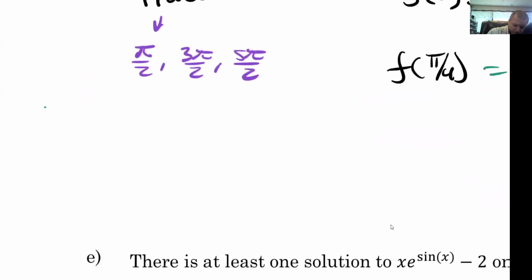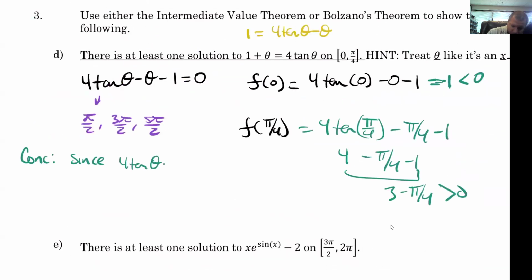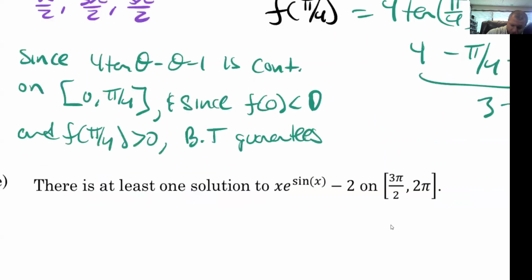So then our conclusion would be something like: since 4 tangent of theta minus theta minus 1 is continuous on this interval 0 to pi over 4, that closed interval, and since f of 0 was less than 0 and f of pi over 4 was greater than 0, Bolzano's theorem guarantees a solution.